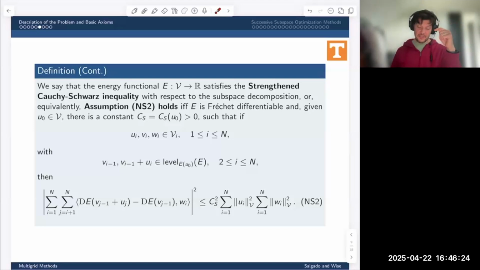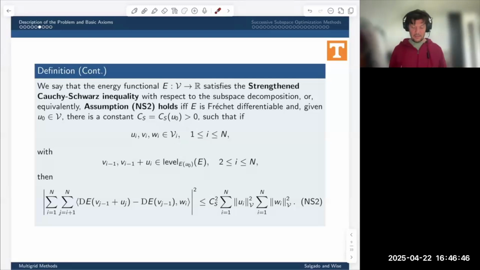Or in other words, we say that assumption NS2 holds if and only if E is Frechet differentiable, number 1, and given U0 and V, there is some constant that depends on that U0, which is positive, such that, now this one's a long and complicated one, so bear with me.